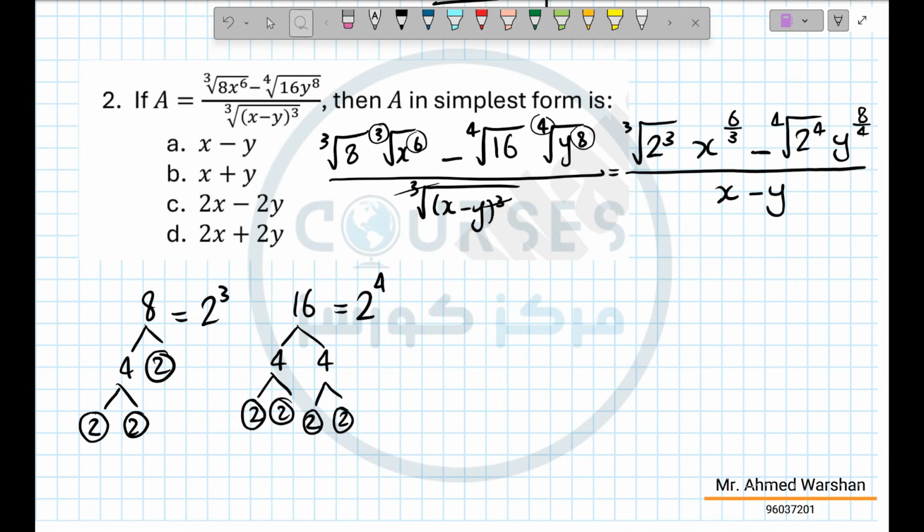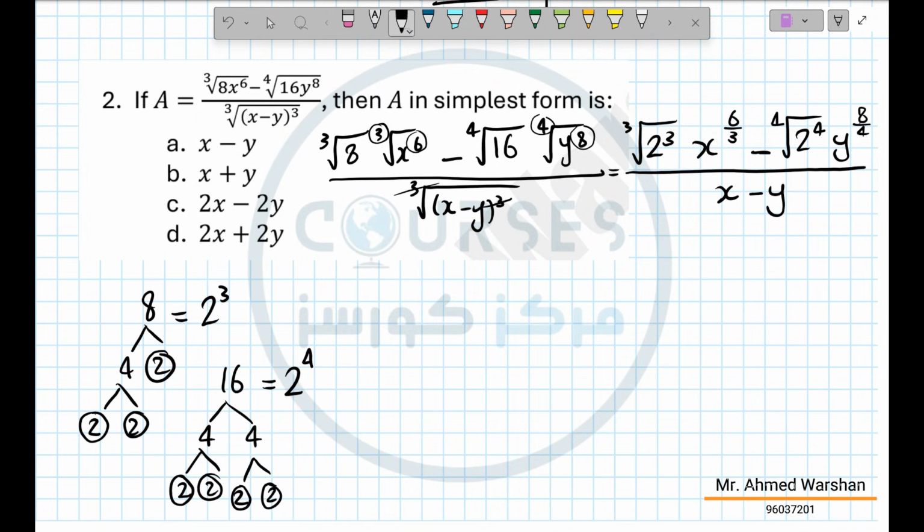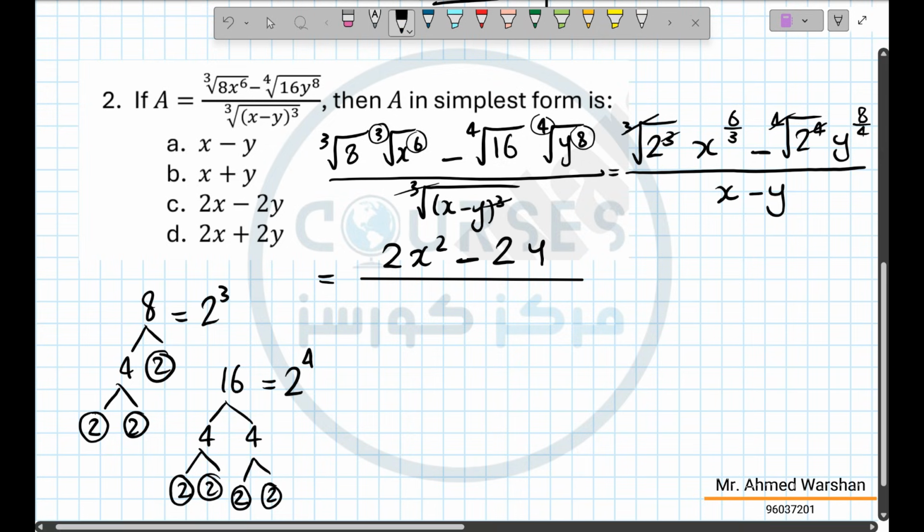Okay, let's continue. We can move this a little bit down here. So this will cancel with this, so 2. 6 divided by 3, that's 2, so 2x squared, and then minus, this will cancel with this, so another 2, and then y power 8 divided by 4, which is 2, over x minus y.